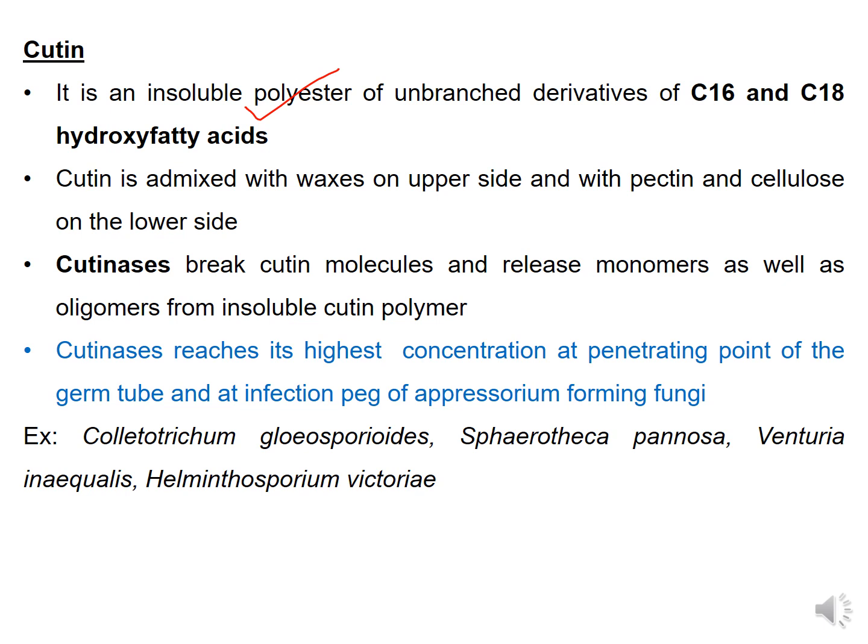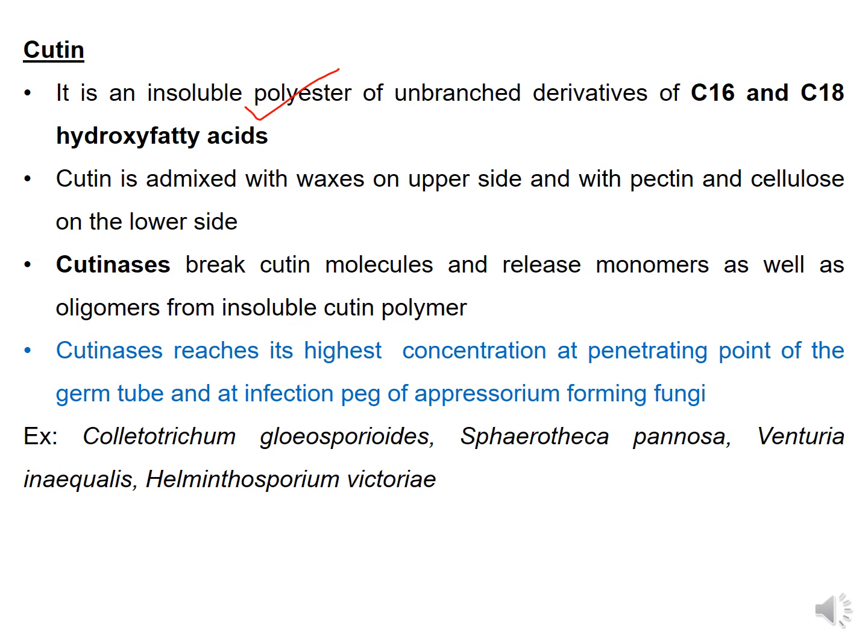Then the cutinase production also increases. The pathogen will produce more cutinases because it has to make an entry, and cutin is a strong substance. So cutinases will be more, and automatically it will break the cutin and then make entry into the cell wall.